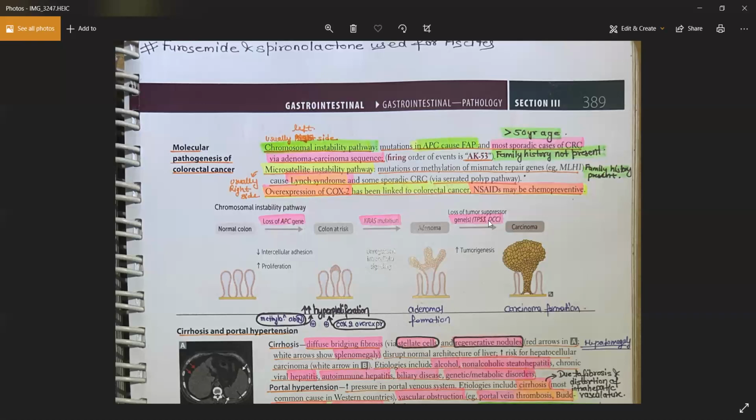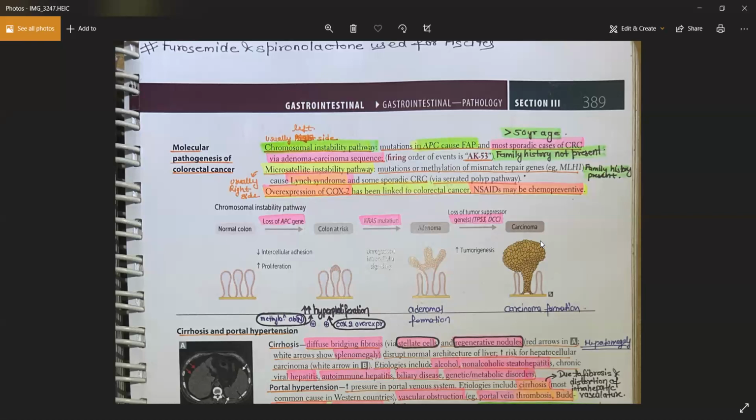Once the TP53 mutation and the DCC mutation occur, remember that DCC is related to colorectal cancer, that can lead to the formation of carcinoma. Very important, and that's why First Aid also says that if you have a polyp lesion more than 4 centimeter in size, there is a high chance that this polyp will become carcinoma.